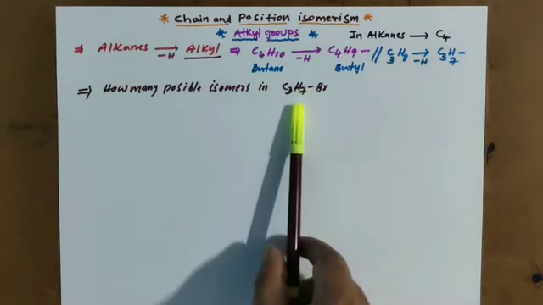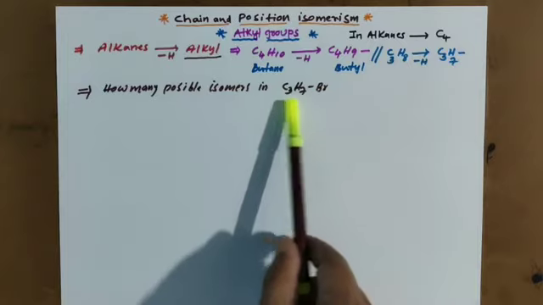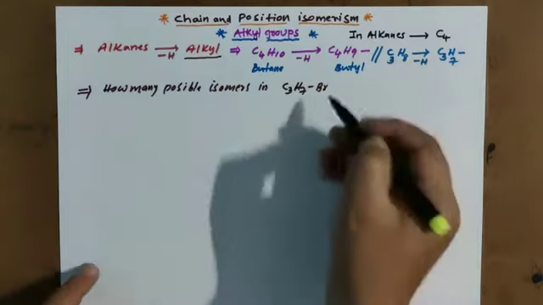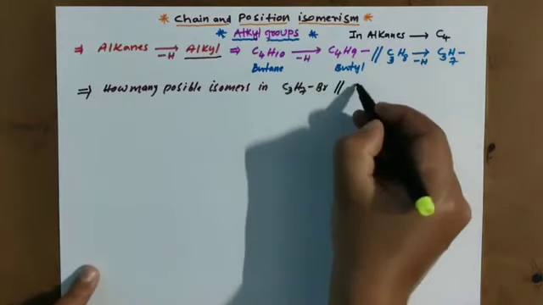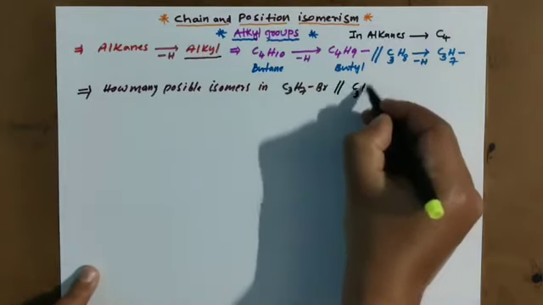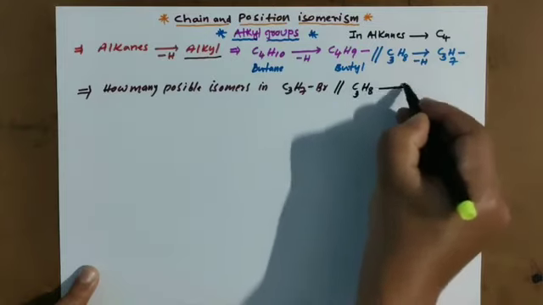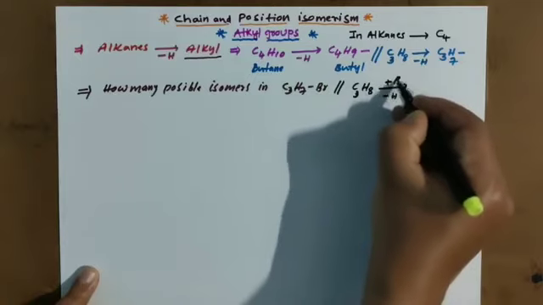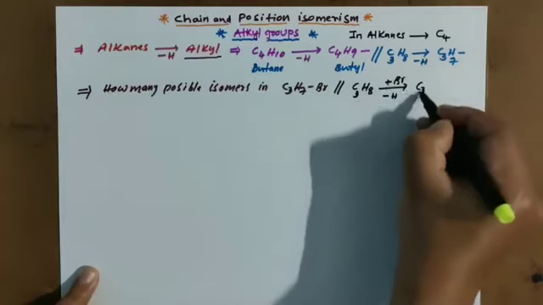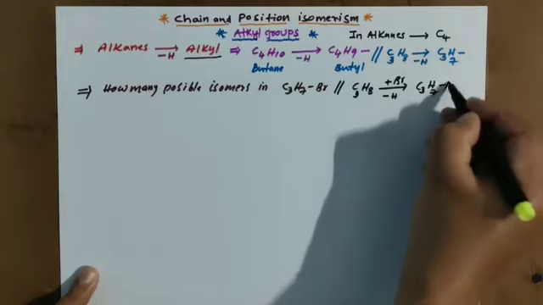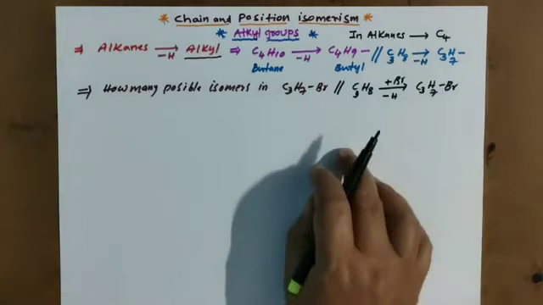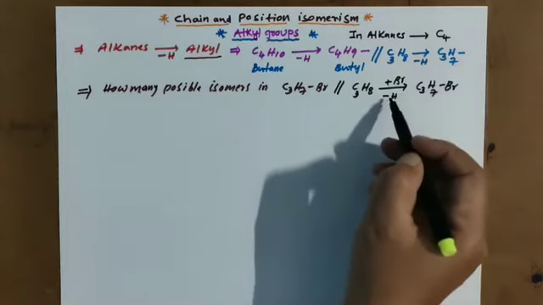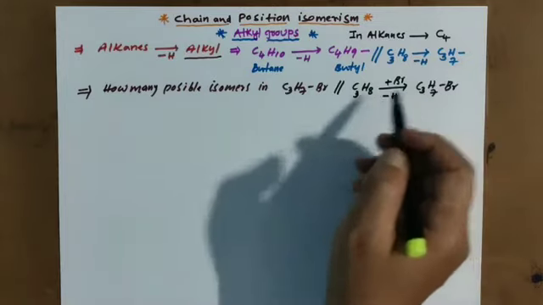First, if you have the idea about propane, then you can get that. See how we got this compound. When propane substituted one hydrogen and added one bromine, you got propyl bromide. So from propane, when halogen is substituted, you get propyl bromide.